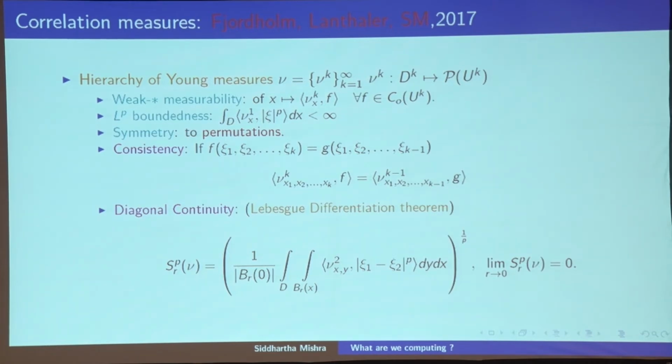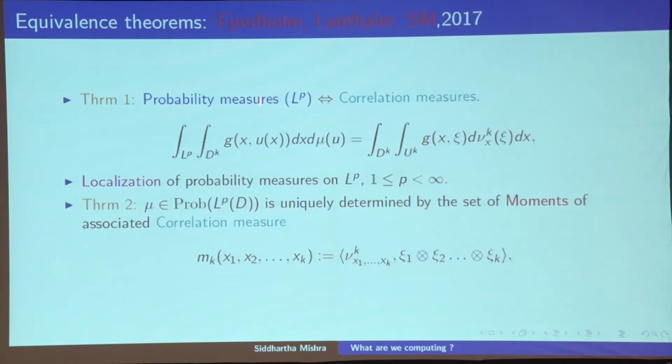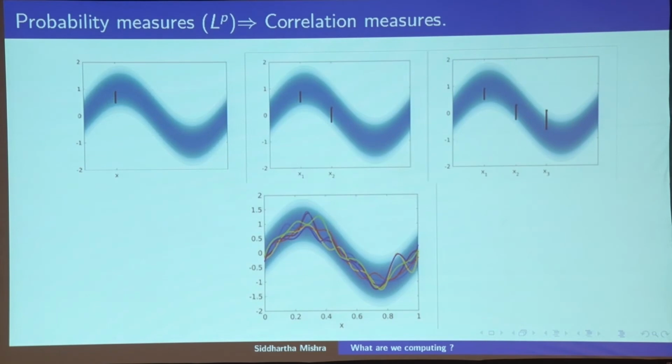The first surprise to us, perhaps, was that actually these objects are completely equivalent to an object that is well known in stochastic analysis. And that object is probability measures on an L^p space, probability measures on a function space. Now let me try to explain this pictorially because that's easier. Remember that we have 1-point PDFs, 2-point correlations, 3-point correlations, 4-point correlations, and so on.